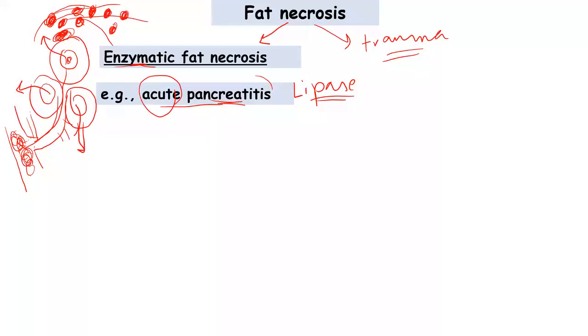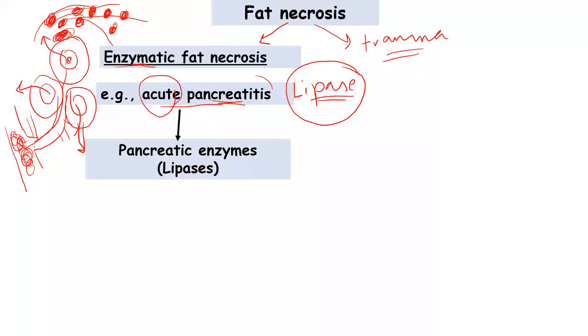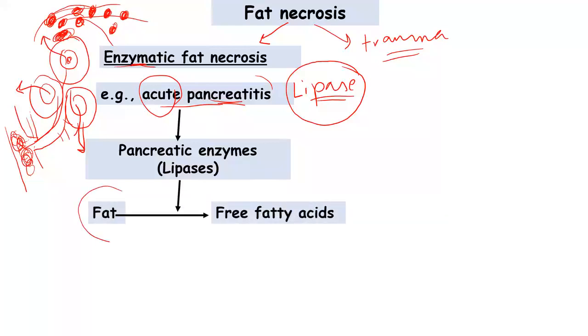So enzymatic fat necrosis occurs in cases of acute pancreatitis due to release of pancreatic lipase outside the pancreatic acini. These pancreatic enzymes, including lipases, will act on the fat cells, the fat cells will be destroyed, and the fat will be released and digested to free fatty acids.